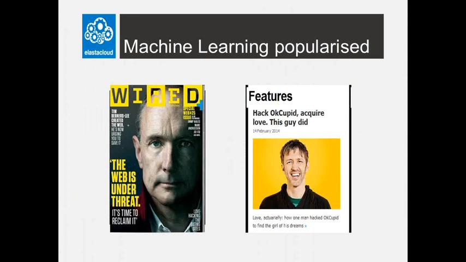So for those of you that don't really understand what machine learning is, this is in some of the talks that we give. This is like quite a fun example, which brings this into a popular framework rather than an enterprise context.